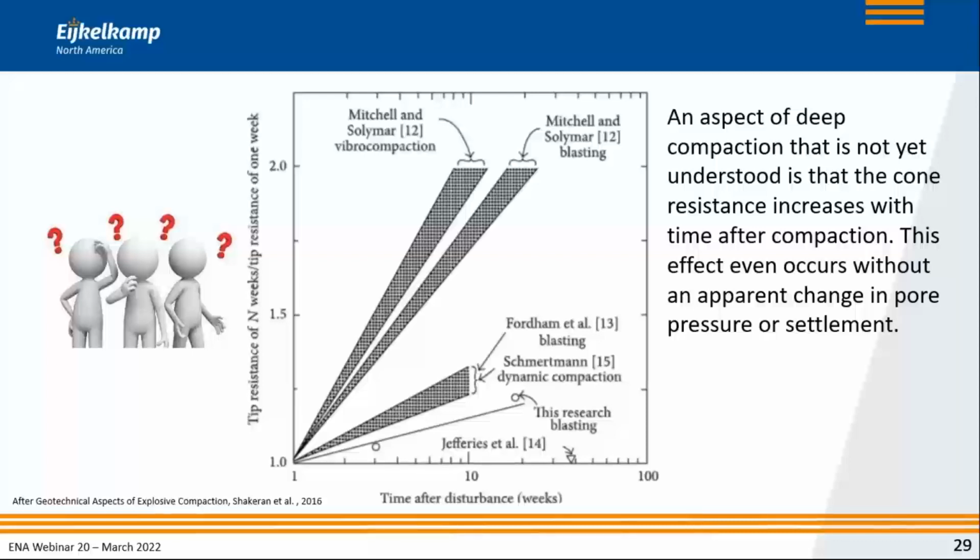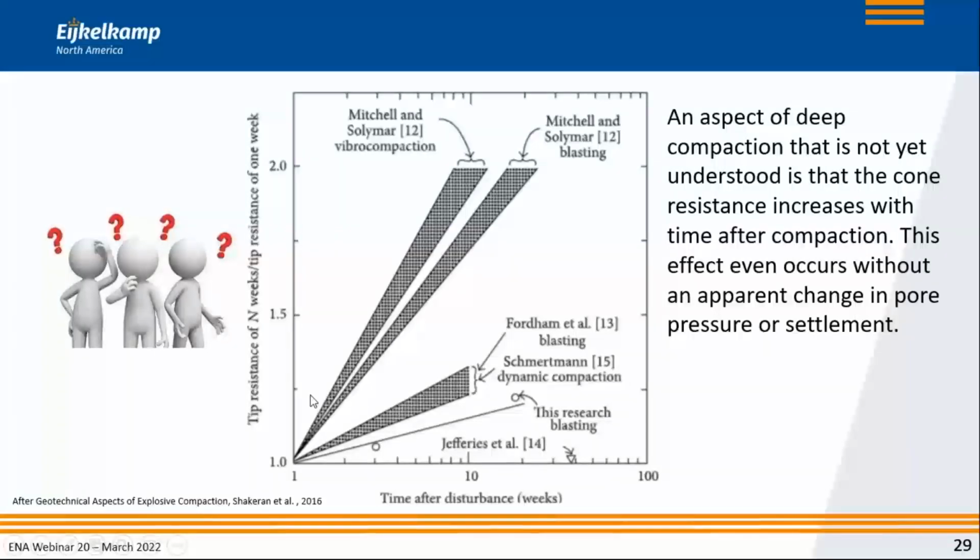All kinds of different compaction methods. After you're finished with that, you check again, and then you would see an improvement in your tip resistance. Very true. So that part we understand. That's logical.